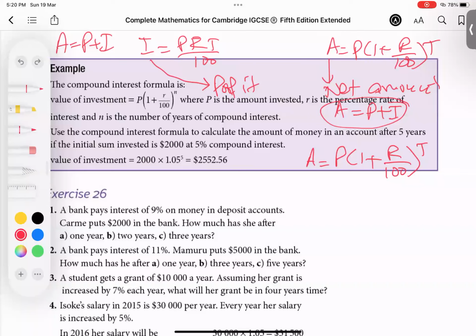This is a very important thing. It means if I need the profit in compound interest, what will I do? From the A answer, I have to subtract his investment, then I get the profit. So this is called CI, compound interest. I believe you got the point very clearly.